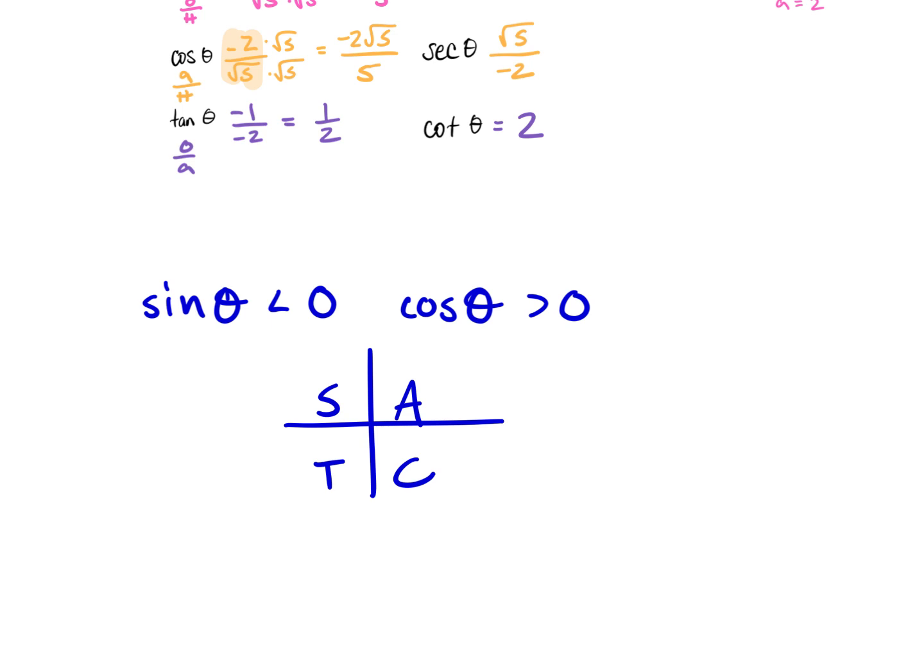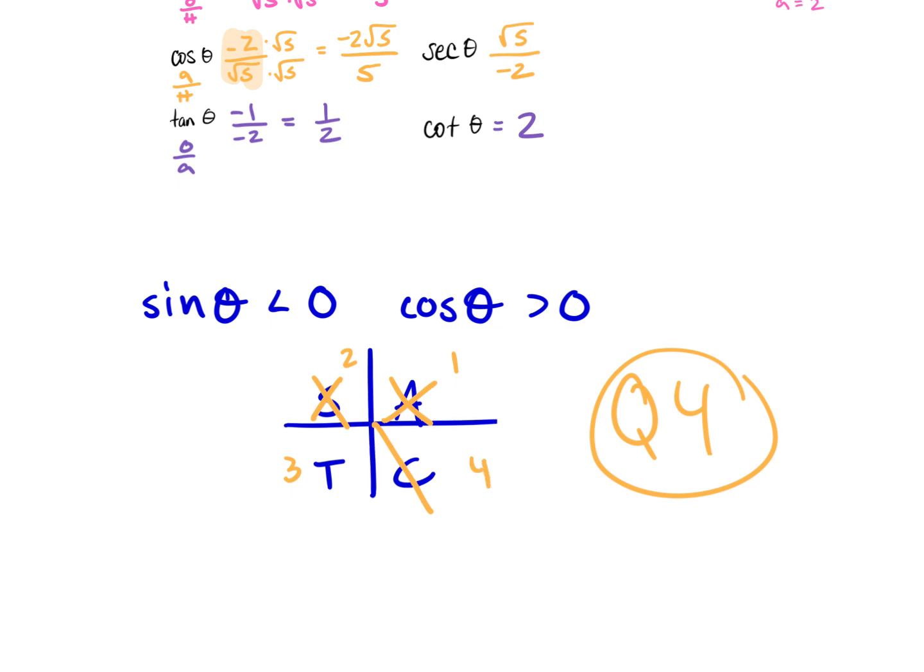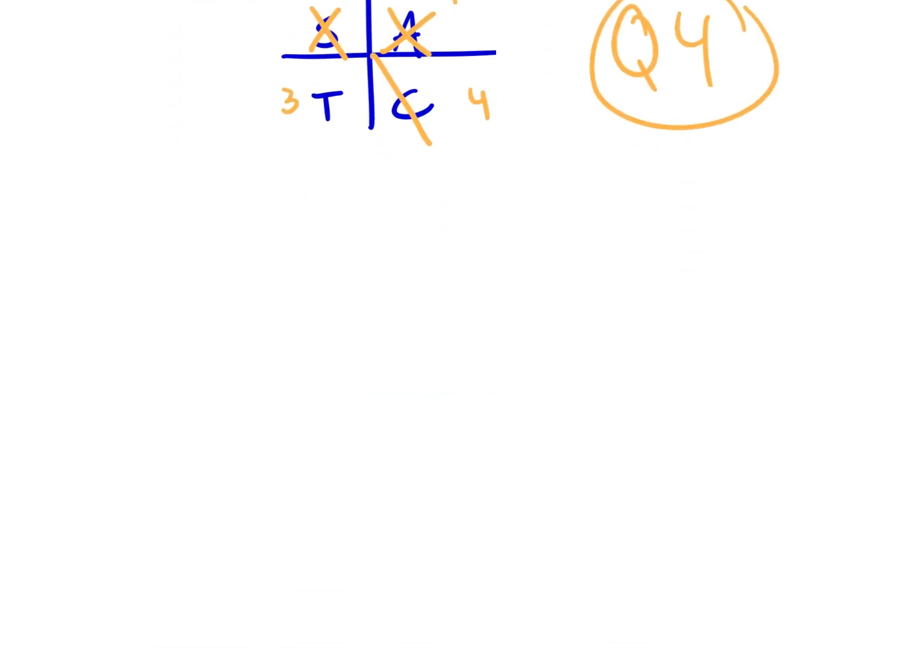So which 2 quadrants can we eliminate? A and S. It's not in the all positive one. It's not in the sine positive one. If cosine is positive, which quadrant are we in? C. So that would be quadrant 4. Remember, quadrants go 1, 2, 3, 4.